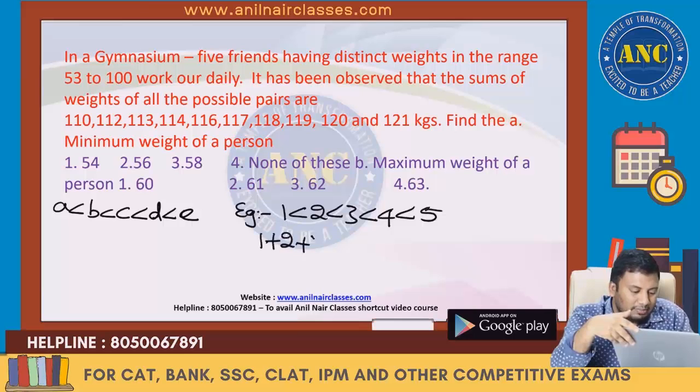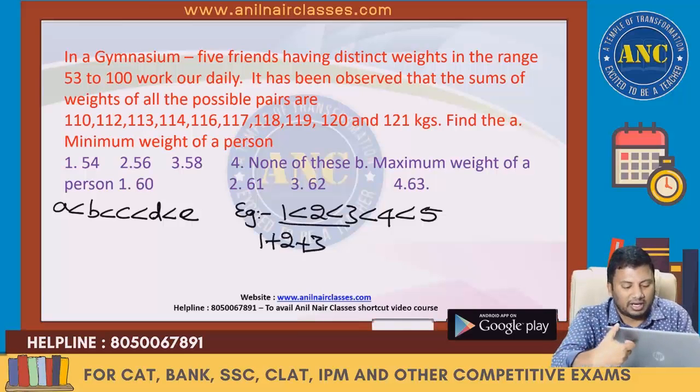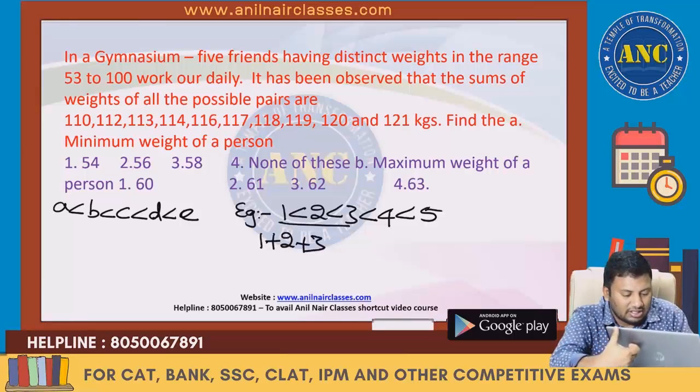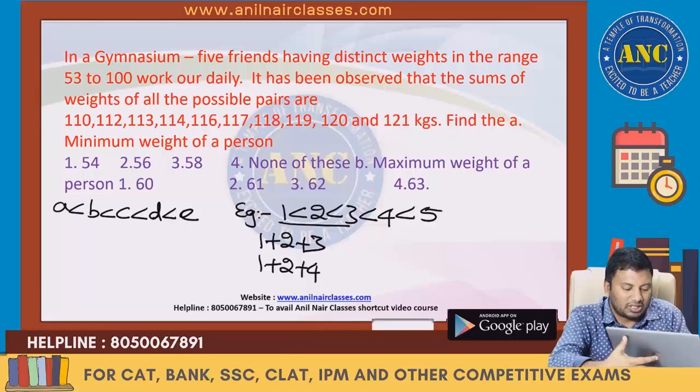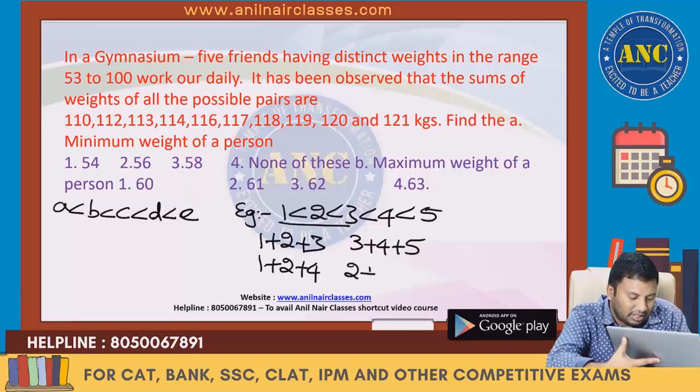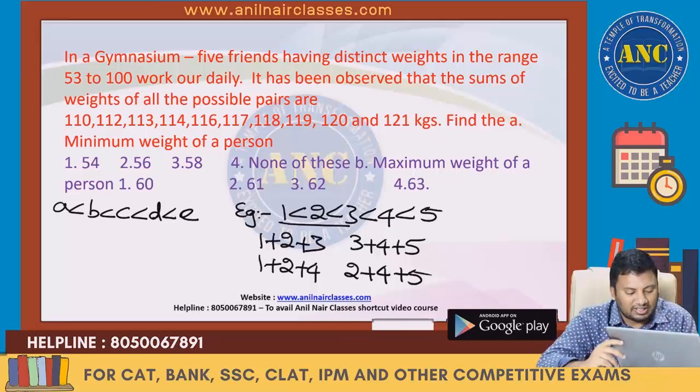Lowest is nothing but 1 plus 2 plus 3. Am I right? Next lowest is 1 plus 2 plus 4. Highest is nothing but 3 plus 4 plus 5. Next highest is nothing but 2 plus 4 plus 5. Am I right? Suppose if I see 1, 2, 3, 4 and 5.